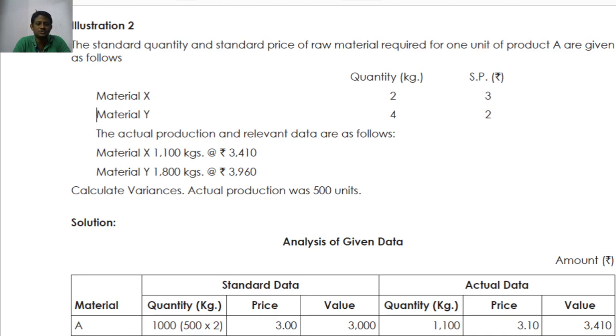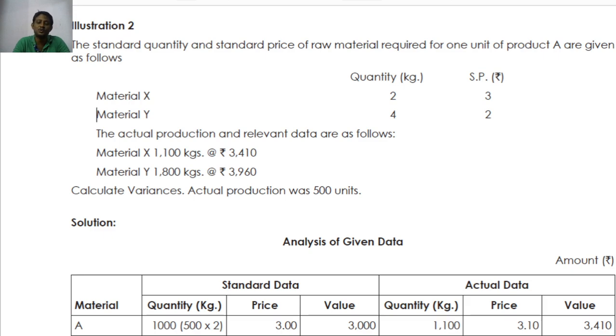Actual production is 500 units. For producing 500 units, actually how much did they spend? 1100 kgs of material X, and material Y 1800 kgs.